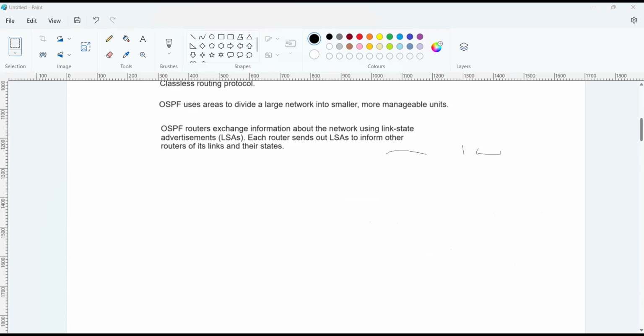Now we'll discuss how the packet flow happens in OSPF. Before that, write it down: we have 5 types of packets.